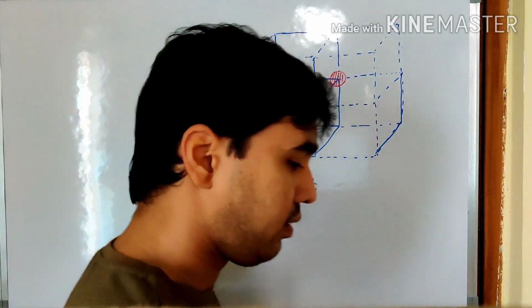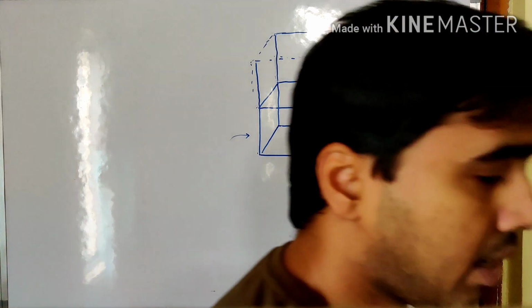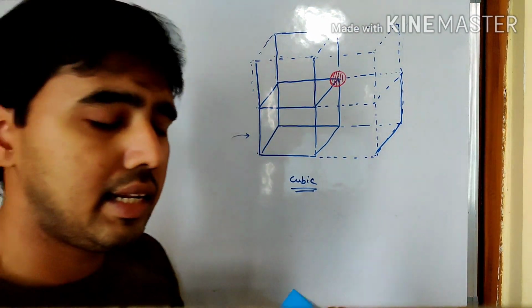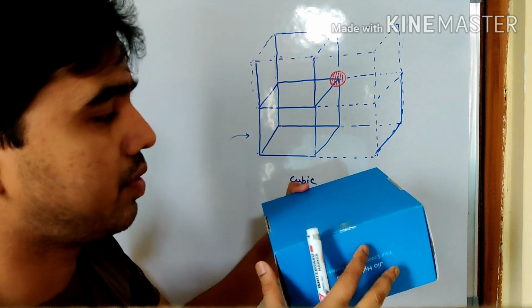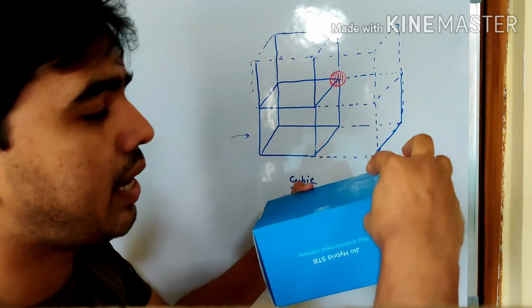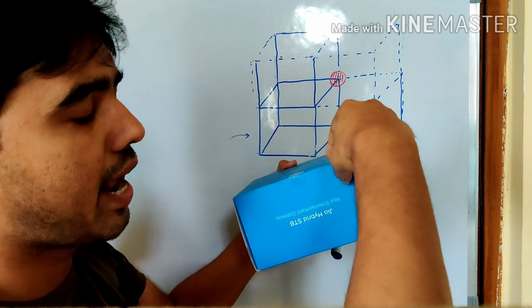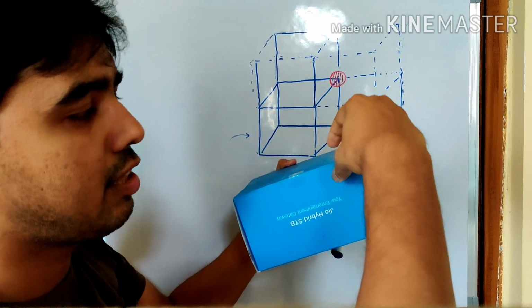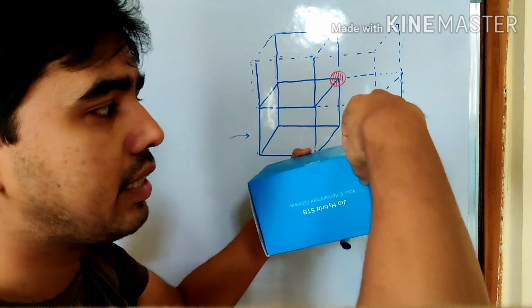So to understand that, let us assume this one as a cube. Suppose one atom is here. So see, if a ball is here or an atom is here which is spherical, the full portion of it will not be within this part.